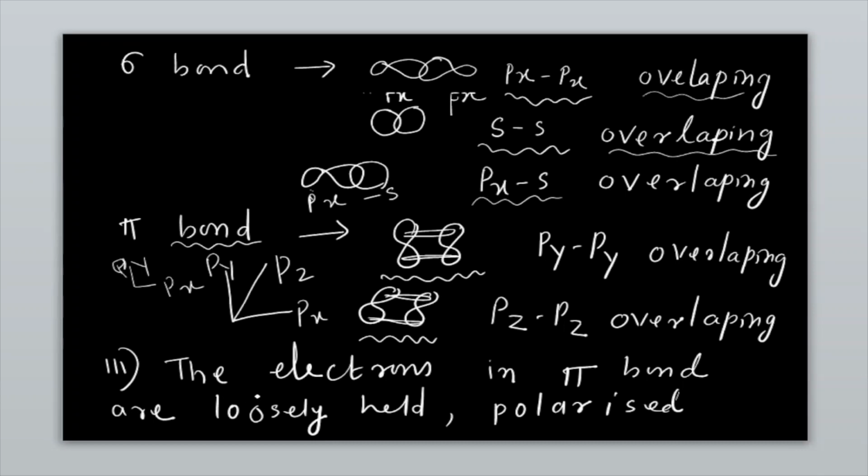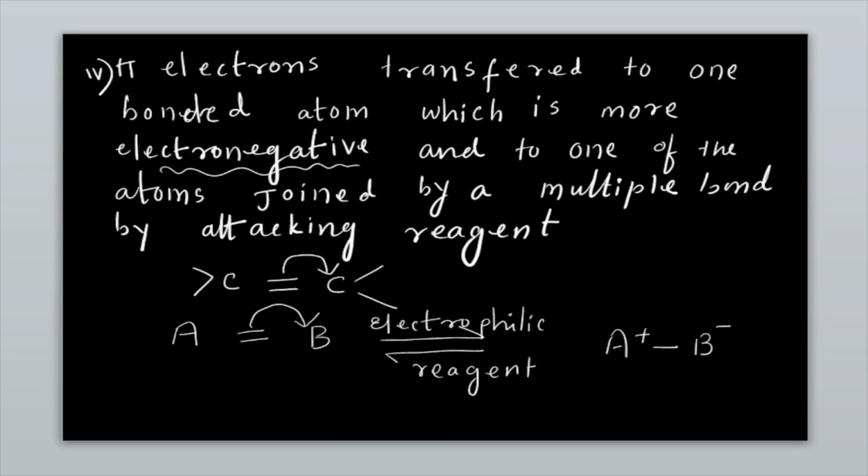Now the electrons present in a sigma bond are attached very strongly, because the sigma bond is very strong. But the electrons in a pi bond are loosely attached, so they are polarized. Polarized means the electrons are transferred to the more electronegative atom.